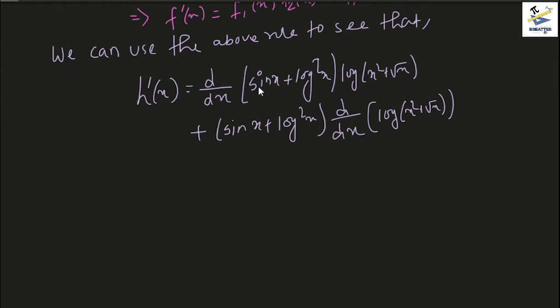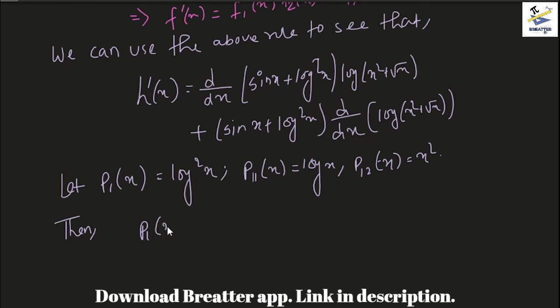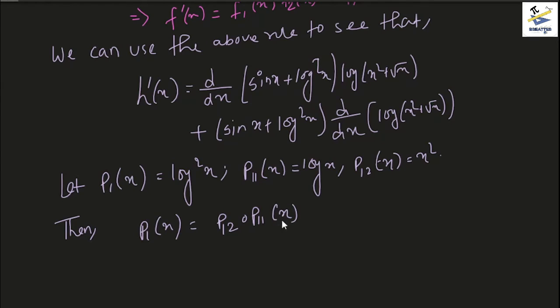So let us define like this: let p1 of x equal log square of x, which we want to find, and for that let us define two more functions: p11(x) equals log x and p12(x) equals x square, right? Then p1 of x is just p12 composition p11 of x, because it is just log of x whole squared, right?